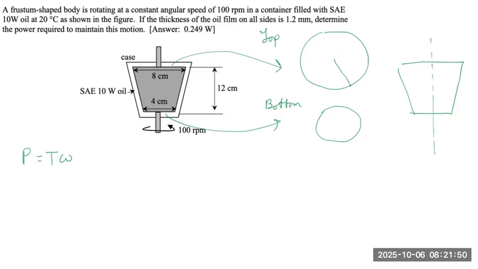So the top has a radius of 4 cm, and the bottom has a radius of 2 cm. And we're going to have to take a differential element dA later on. So let's call this dA.